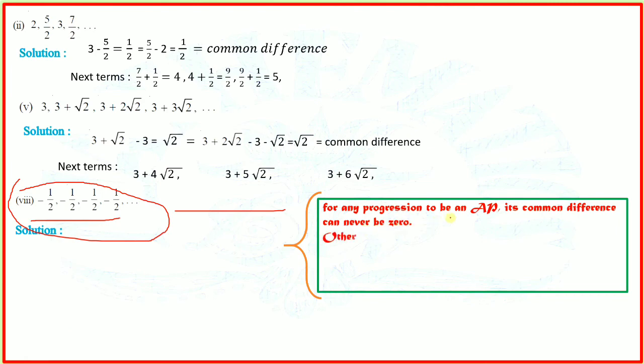Remember this, for an AP, its common difference can never be 0. Otherwise, it is not a progression.